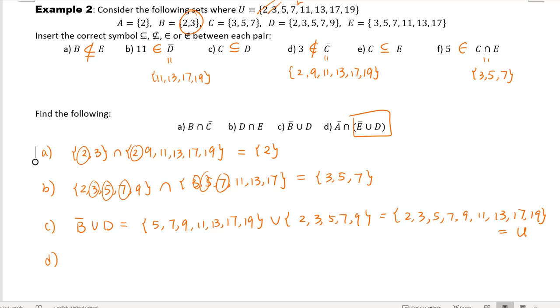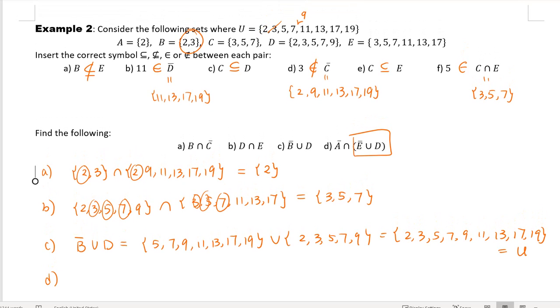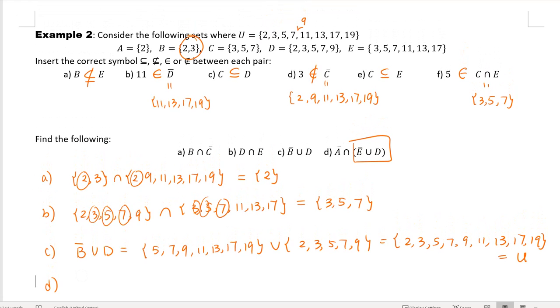So let's first talk about E complement union D. E complement, so looking at the U and then take out E. So 3, 5, 7, take it out. 11, 13, 17, take it out. What's left? We have 2, 9, and 19.